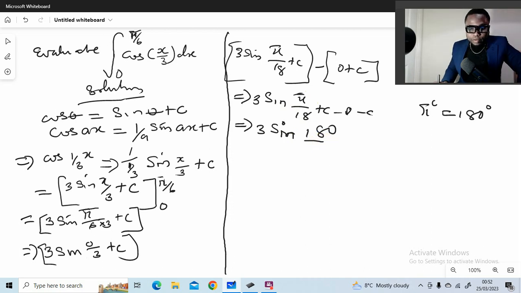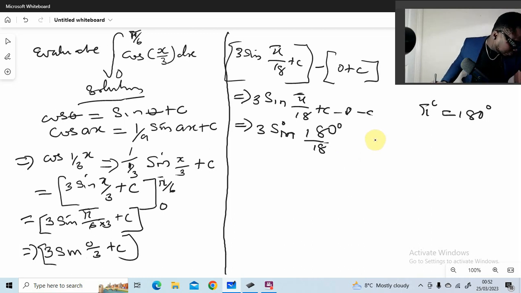So that will be 180 degrees divided by 18, minus 180 degrees divided by 18 plus c. Remember that c minus c is 0, so you can just ignore it.